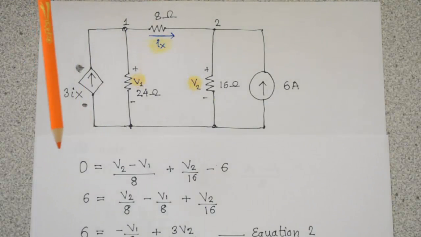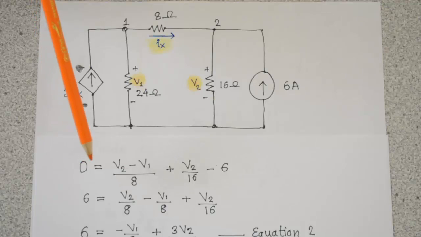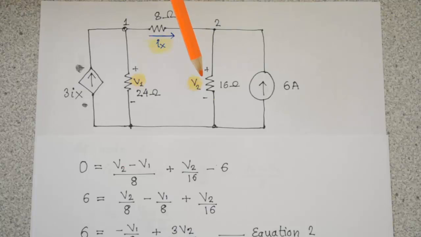So using Kirchhoff's current law, we have 0 equals v2 minus v1 by 8, which is the current from the left, which is actually just minus ix. And we have v2 divided by 16, because v2 minus 0 ground divided by 16.